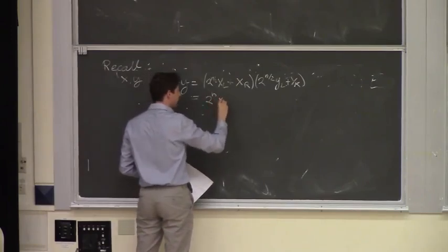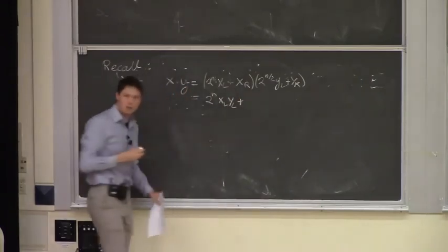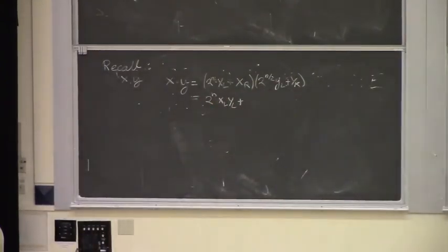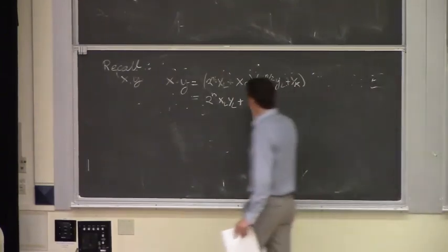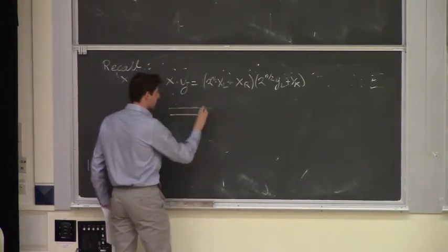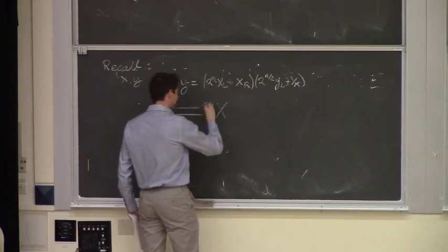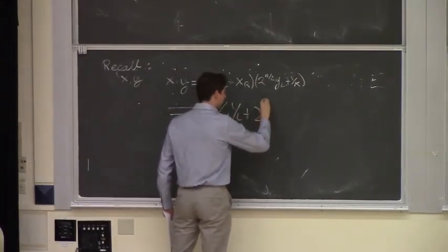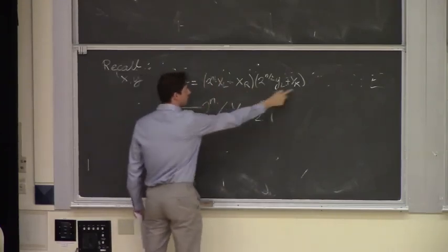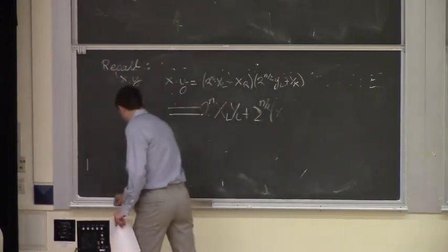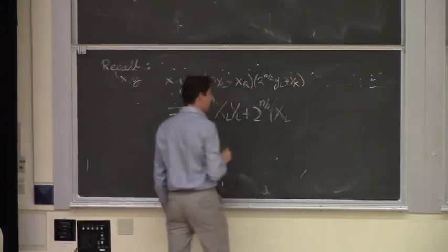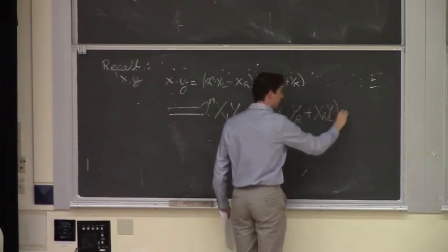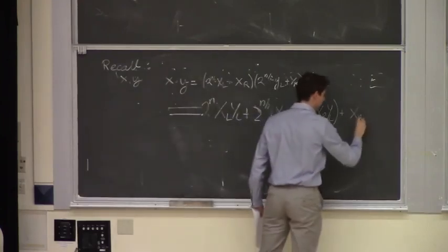So it's 2 to the n times xl, yl, plus 2 to the n over 2 times, and then here we have a cross product, this one and that one: xl times yr plus xr yl, plus, these are the leftover ones, xr times yr.